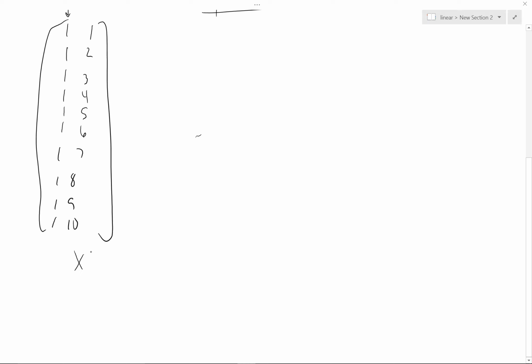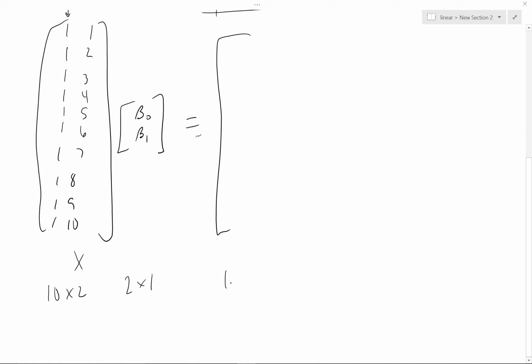Call this our x matrix, times our coefficient matrix, which is beta naught and beta 1, and then it will equal our y matrix. Now remember, this is a 10 by 2. This is a 2 by 1. So what we'll end up with is a 10 by 1, which is what we have because we've got a bunch of y's over here. There's 10 of them.